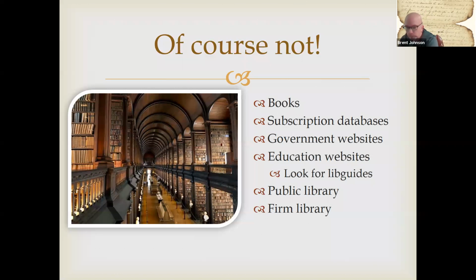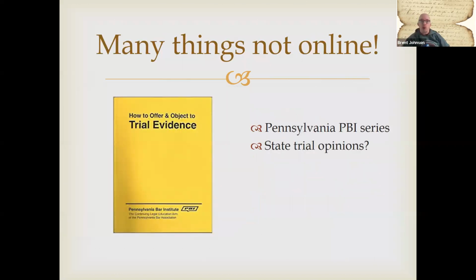And then of course, libraries as well. So here's an example of things that are not online. Not everything that's printed by publishers makes its way to Lexis, Westlaw, or the NetSphere. The Pennsylvania example is the Pennsylvania PBI series of legal practitioner books. The Pennsylvania Bar Institute, that's the publishing wing of our Bar Association.